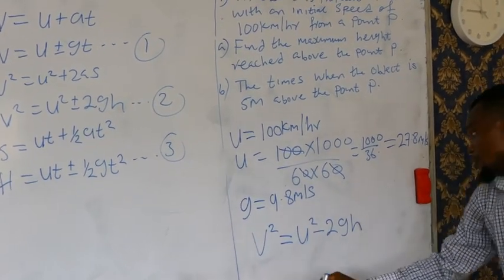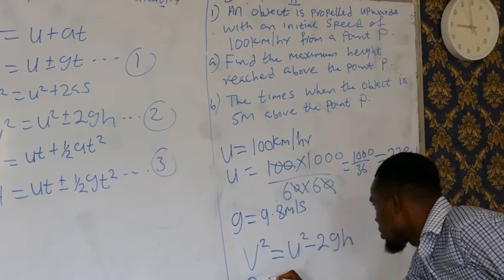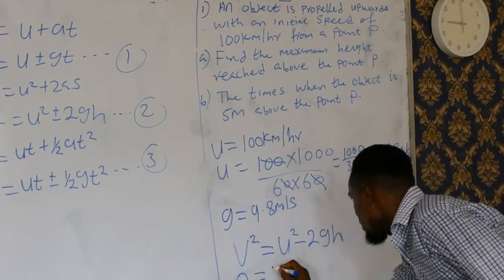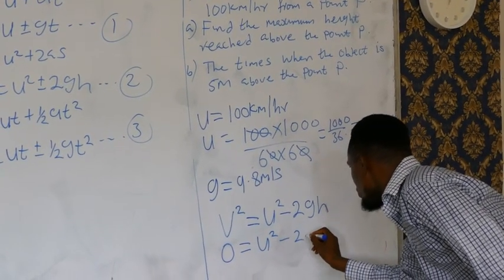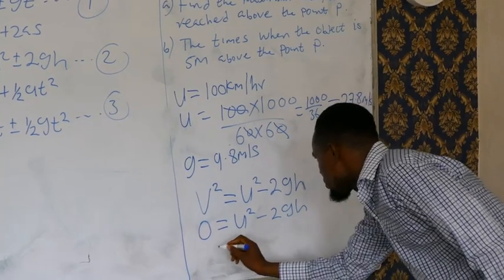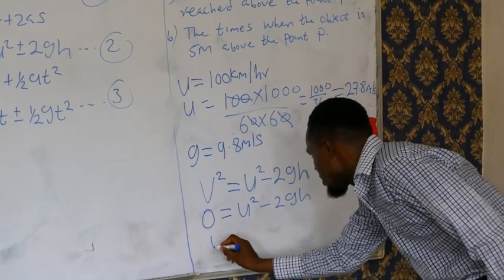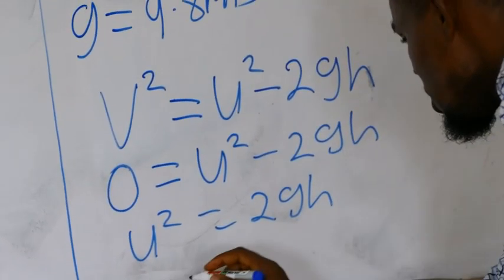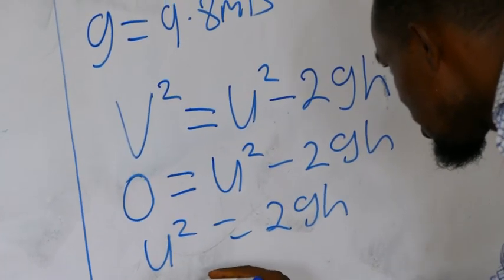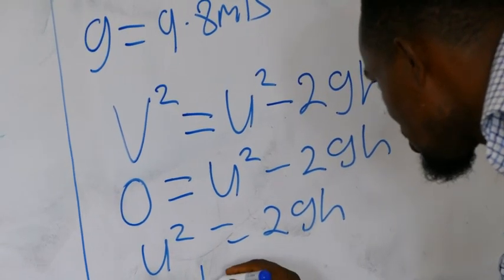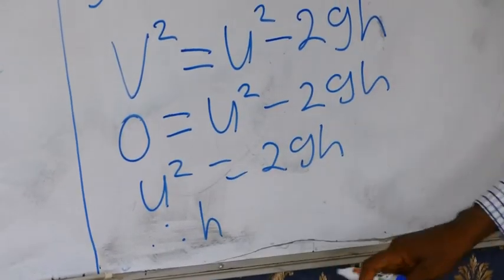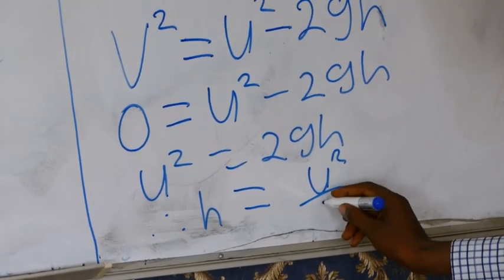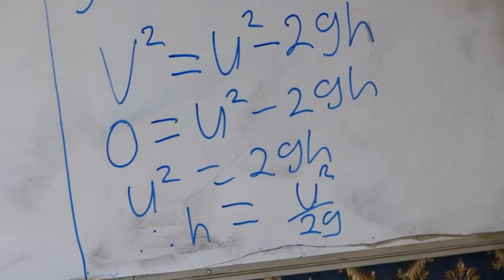We know that v is 0. So this is now 0 equal to u squared minus 2gh, which means that u squared is equal to 2gh. Therefore, if we make h the subject of the formula, h will be u squared all over 2g.